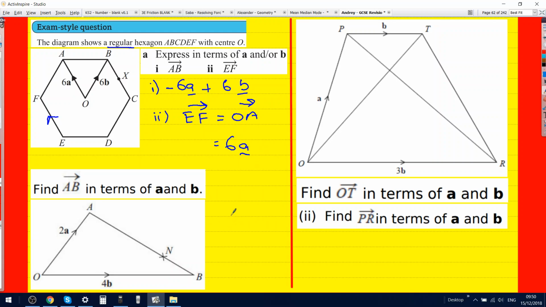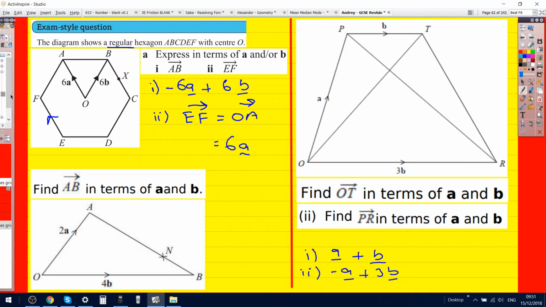Bottom left? No, let's leave bottom left. Top right. So A plus B. And 2. Minus A plus 3B. Yeah, minus A plus 3B.